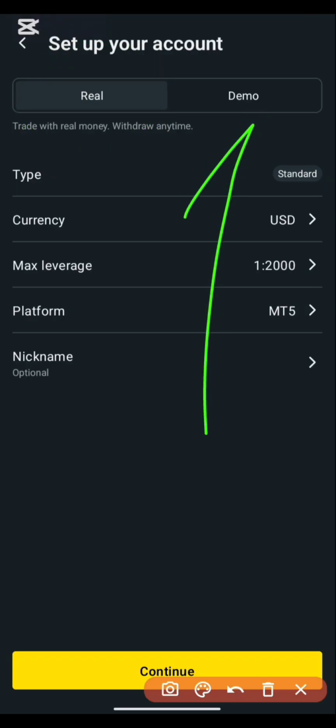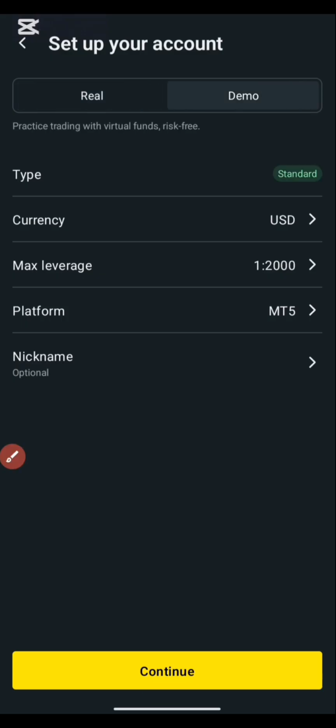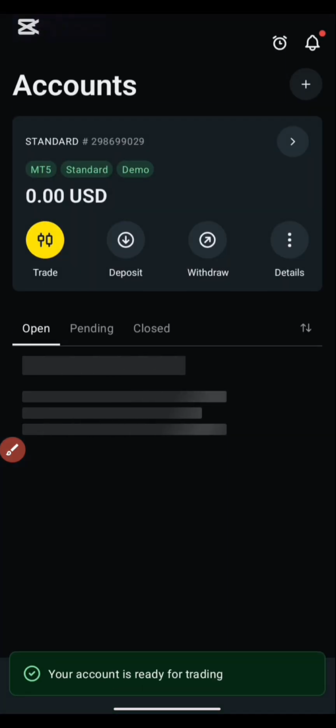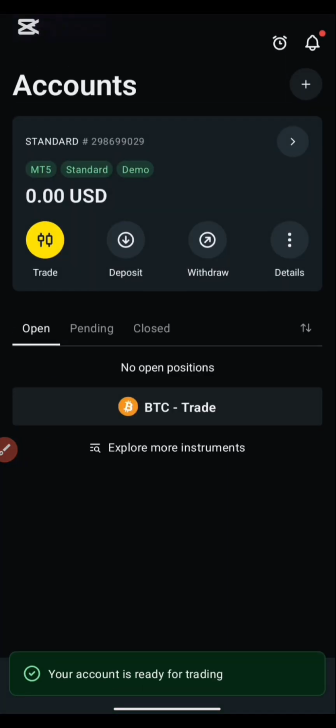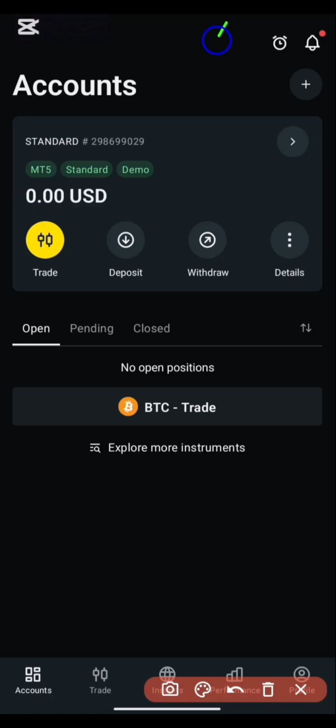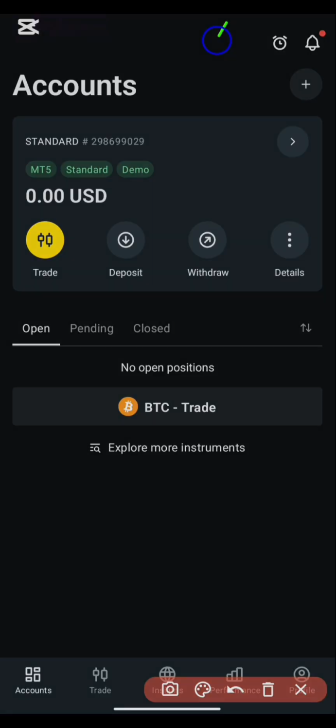Go for a demo account. So let's click on the demo account, and then we'll click continue. After that, you now have a new demo account.